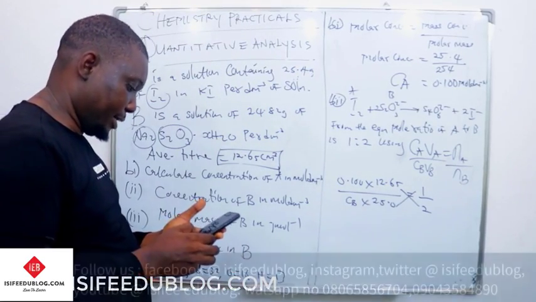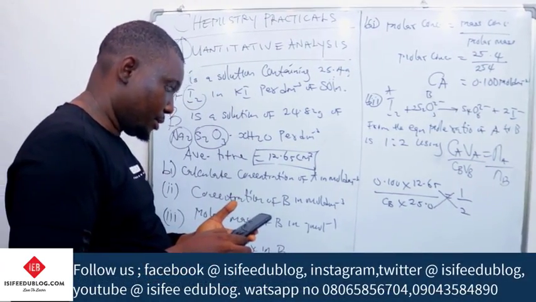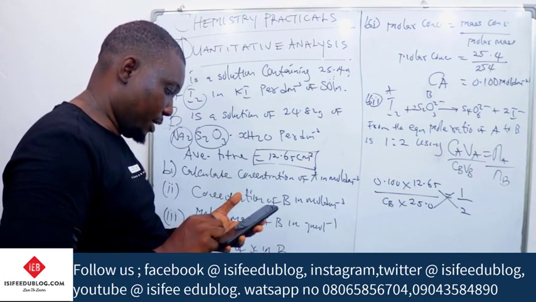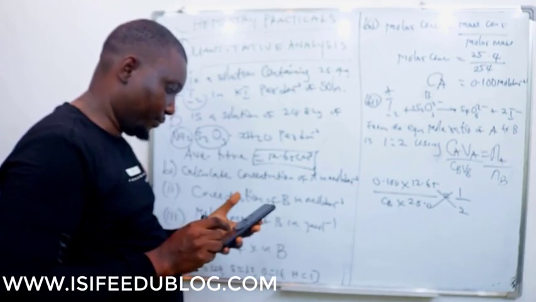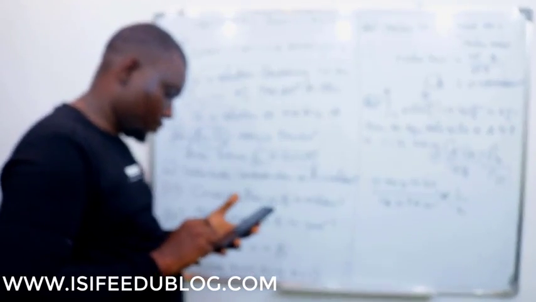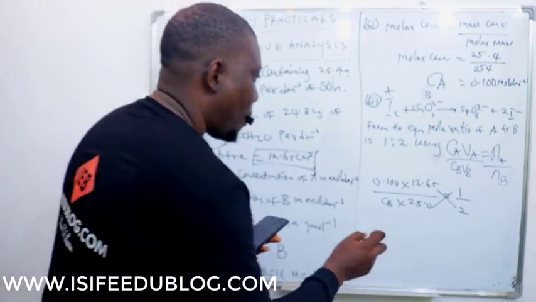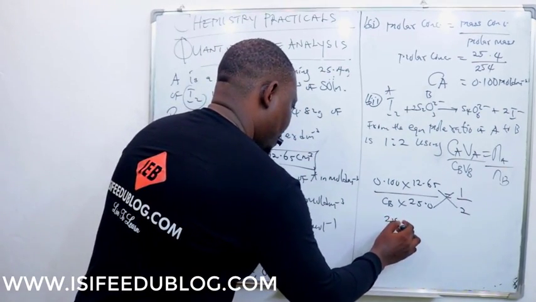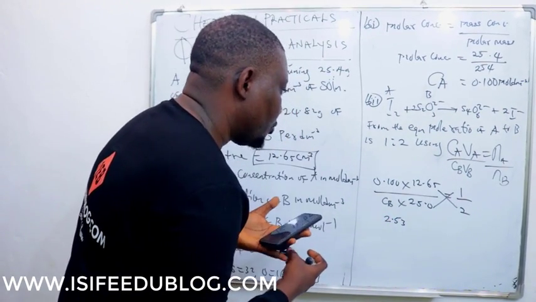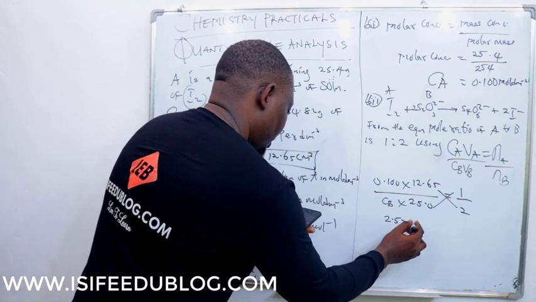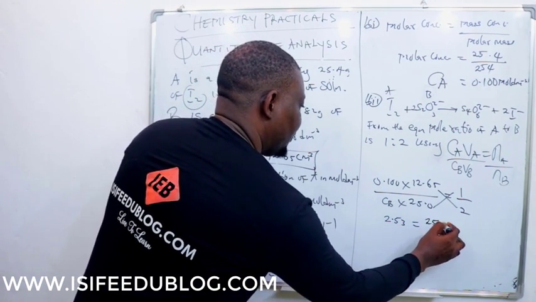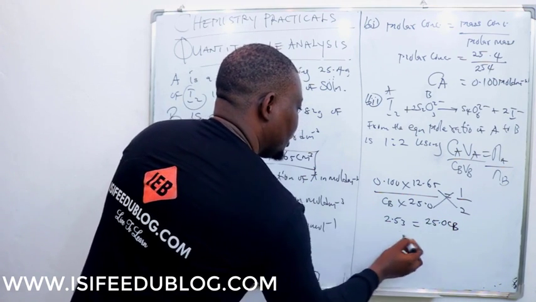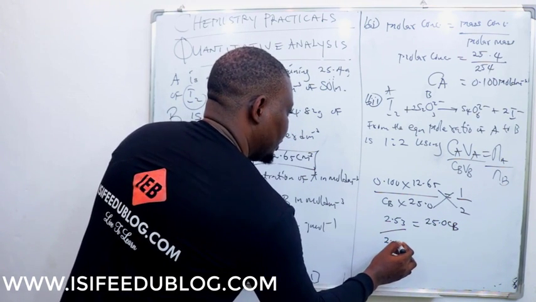So what we have now is 0.1 times 12.65 times 2 is 2.53. 2.53 is equals to 25.0 CB. So divide all by 25.0.